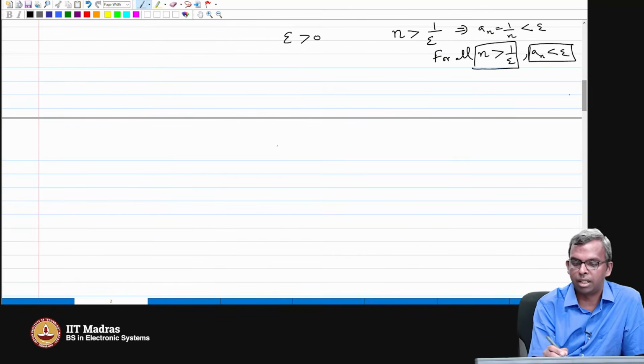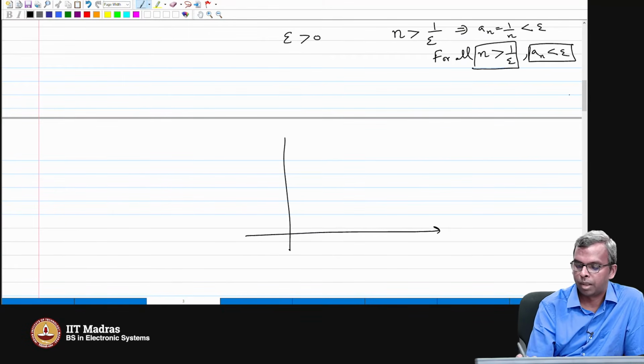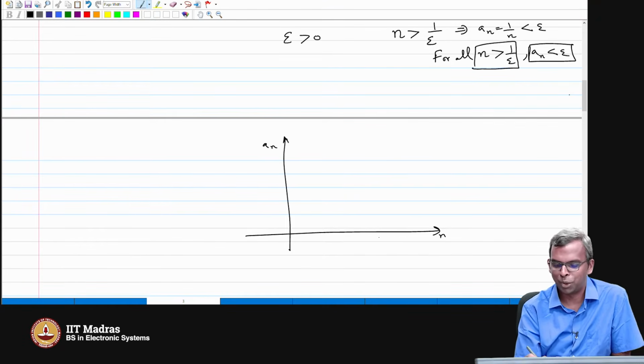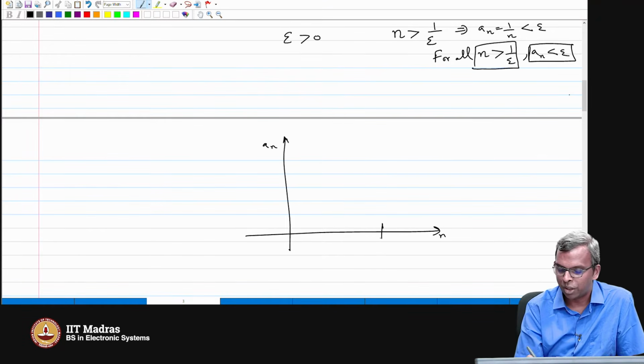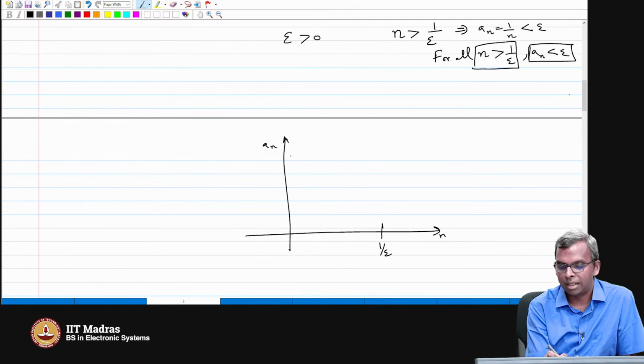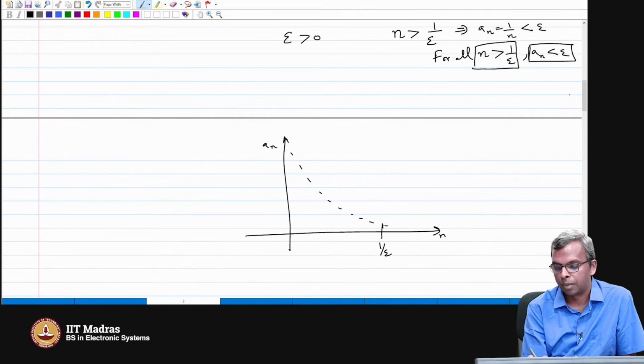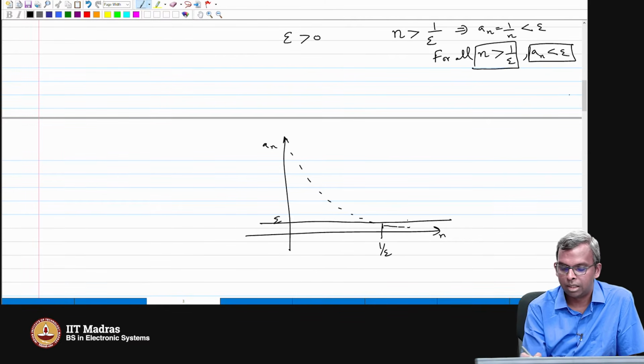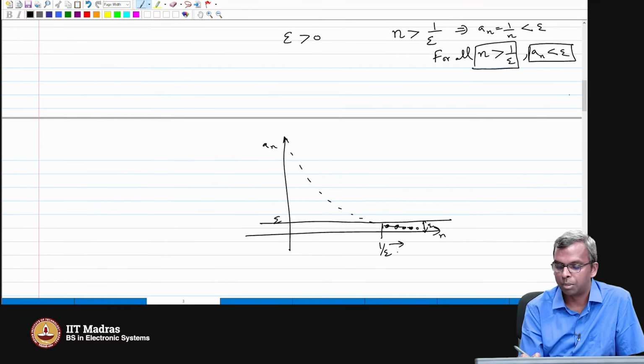So, in my plot here, if I am plotting a_n versus n, this is the first time we are doing it, so we can do it in some detail here. If I go to the right of 1 by epsilon in this a_n plot, all these points will be within epsilon.